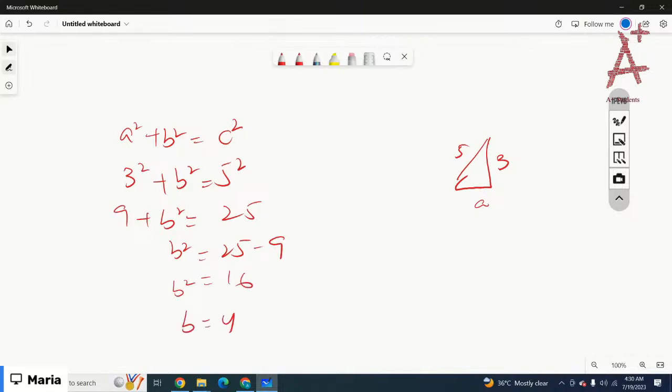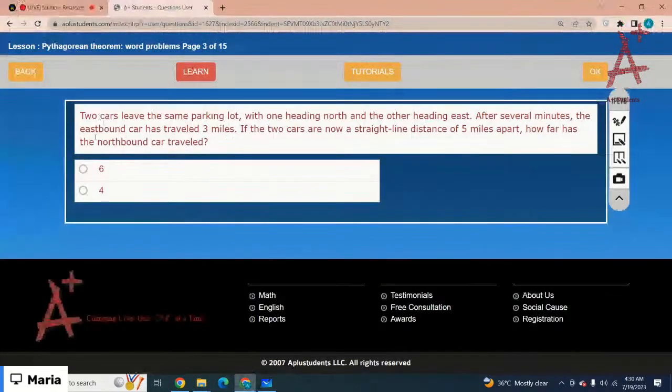So b equals 4. So the missing value is b equals 4.